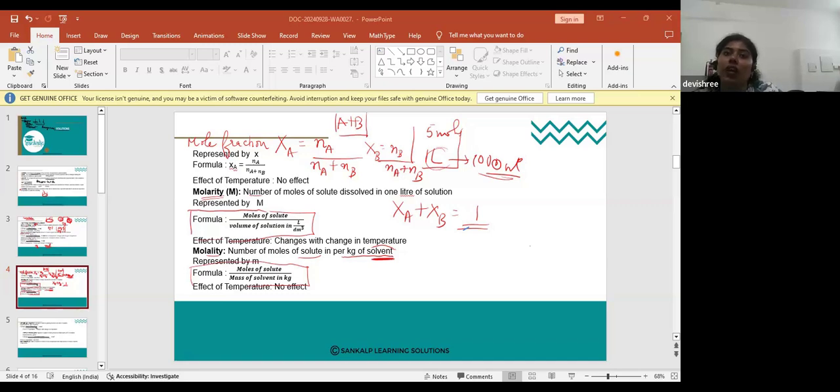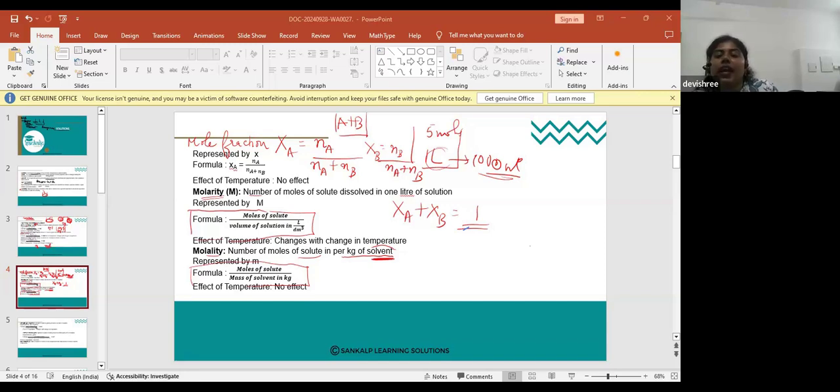How can you express it in different forms? First one you studied mass percentage, that is mass by mass percentage. Then mass by volume percentage, then volume by volume percentage.